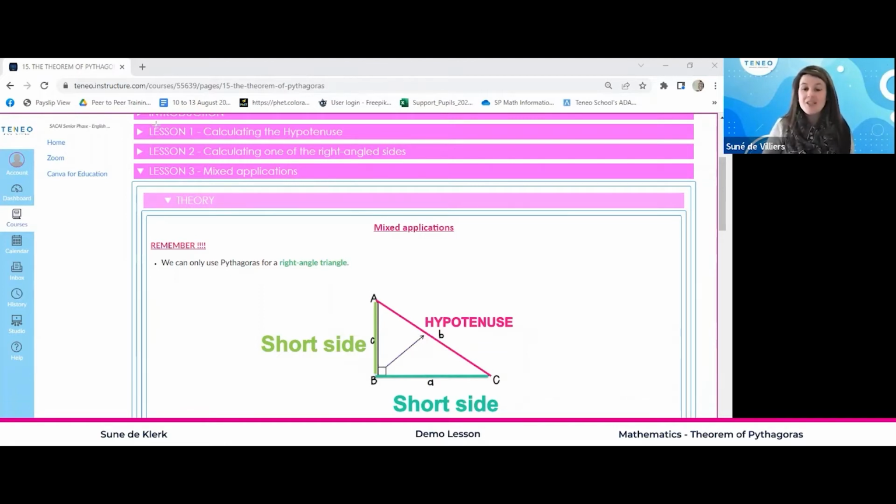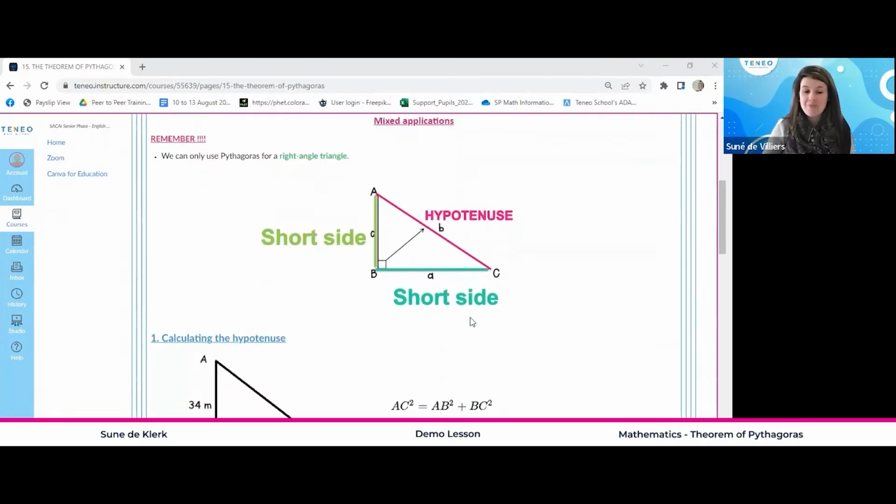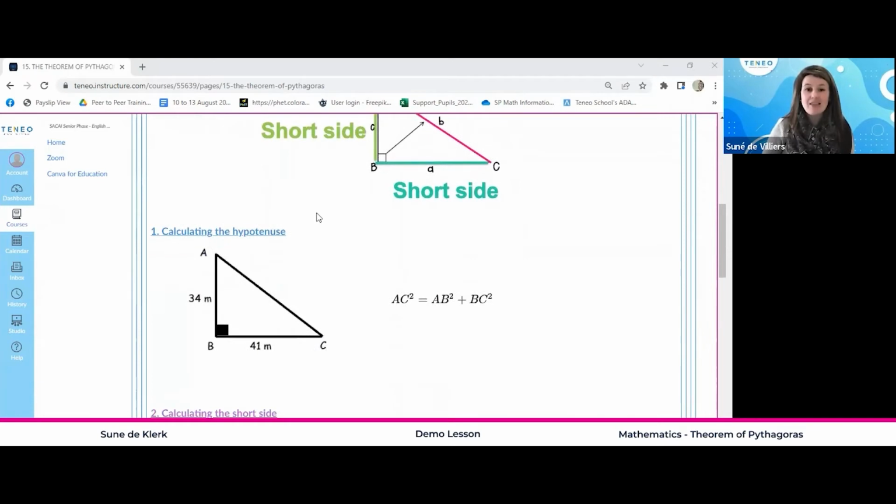Now, guys and girls, as soon as we have that, it's time for our $1 million question. Let's have a look at this one over here. We always start with our hypotenuse. Across my 90-degree, there I will find my hypotenuse.